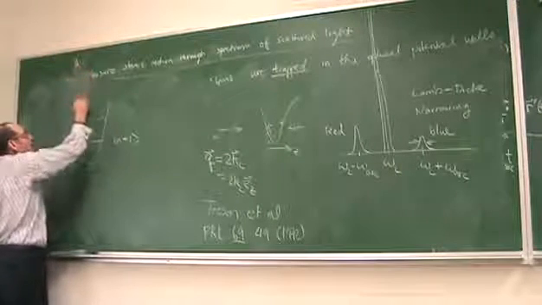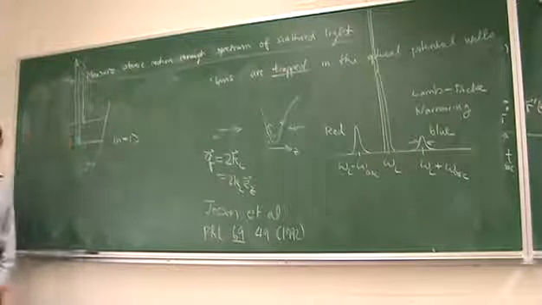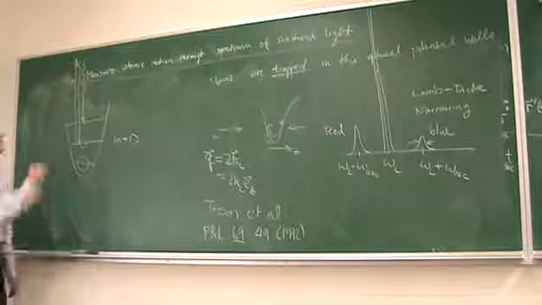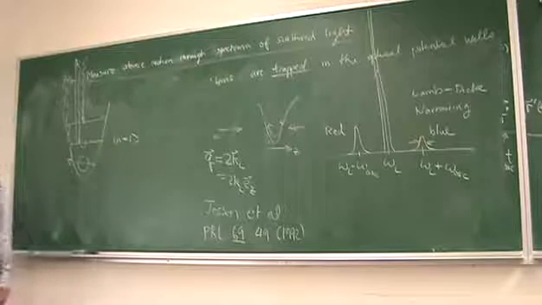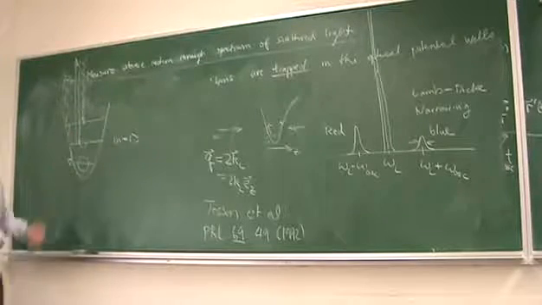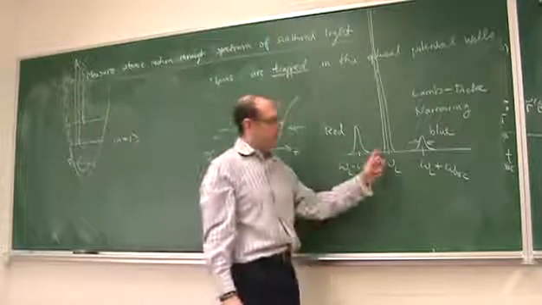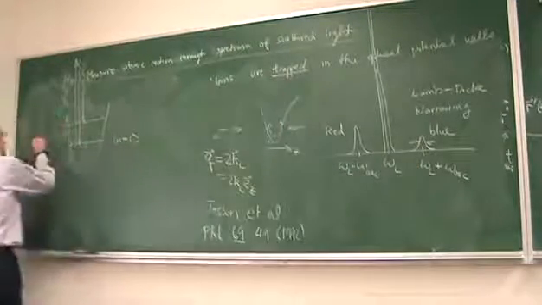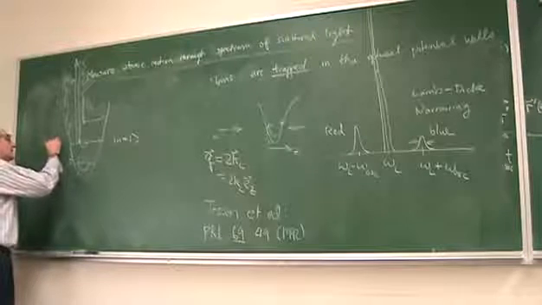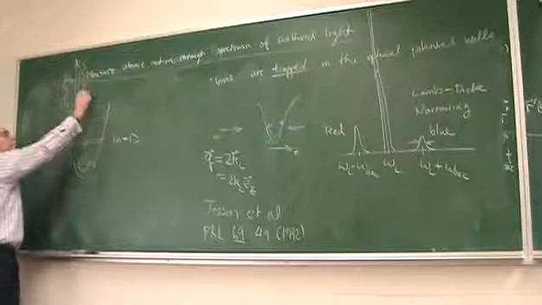It might come down and heat up, go up a level, or it might come down and cool down. These three frequencies correspond to the elastic peak, the blue sideband, and the red sideband.